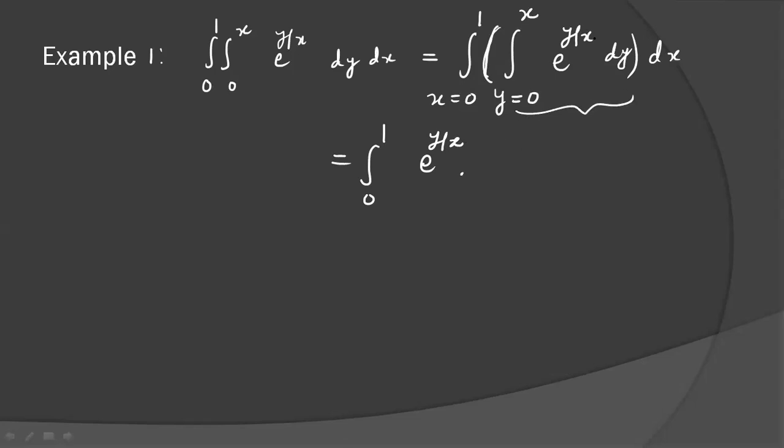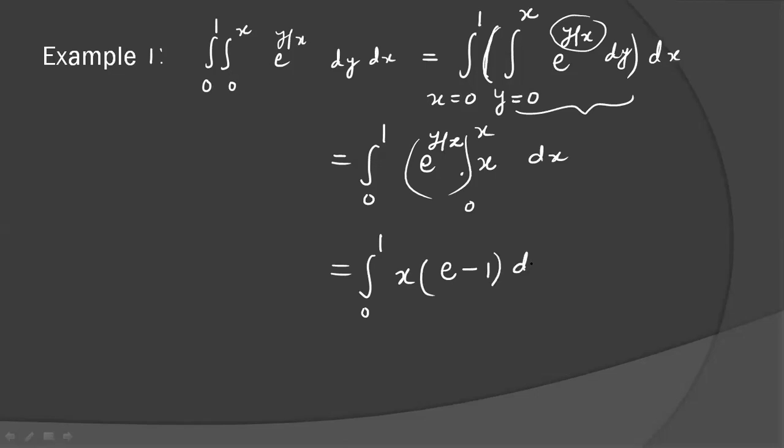Now if you integrate y by x, we have to divide by the coefficient of y, that is 1 by x. If you divide by 1 by x, it will give you x only, and the limit is 0 to x, dx. So we have to put x in the place of the upper limit, it is e to the power 1, minus 0 in the place of the lower limit in the place of y. So it will be e to the power 0, which is 1.